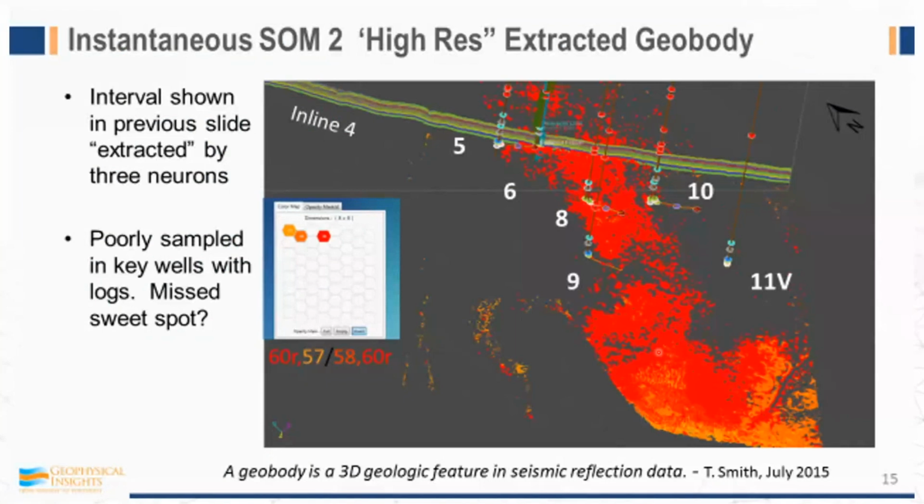And this is just a breakout where we can take those key neurons that show that highly resistive zone, and she could go in with the client, show them where they missed it entirely, where they porpoised in and out, and can show by virtue of production how well this correlates. Plus found a whole other area that they hadn't even drilled yet that had the sweet spot in it.